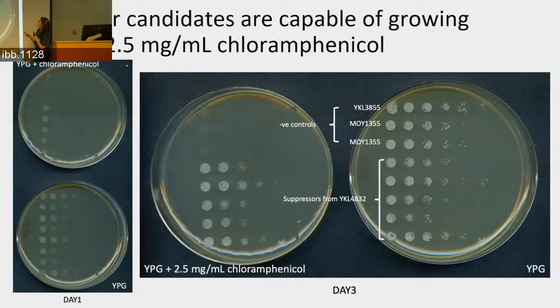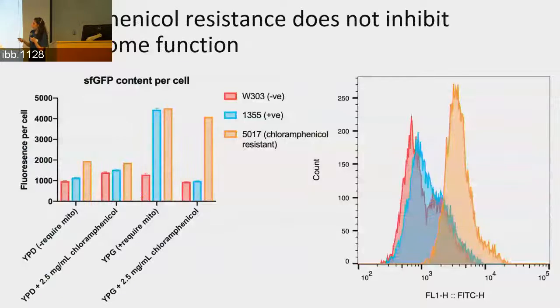So we have wild type up here, and that was the original strain, and then down here we have 5 suppressor strains. And then I sequenced their 21S, found the single nucleotide polymorphism, and then used that strain in the flow cytometer to see what happens to mitoribosome function. So we once again have this bar chart on the left with the fluorescence per cell, and we now have added chloramphenicol to the mix, instead of just the YPD and YPG.